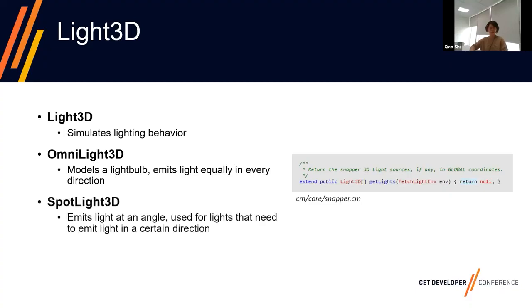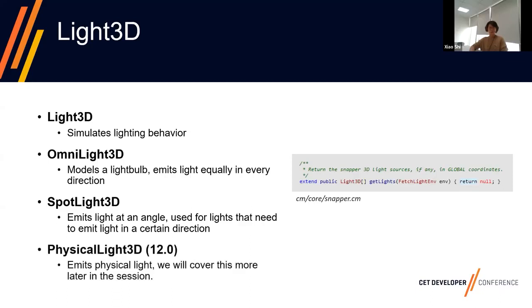We also have Spotlight3D, which emits light and focuses it at one certain target. The name itself is pretty self-explanatory, just like a spotlight in real life. Apart from what OmniLight3D has, you can also define the shooting angle, the cone width and so on.